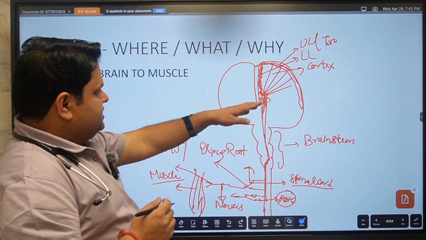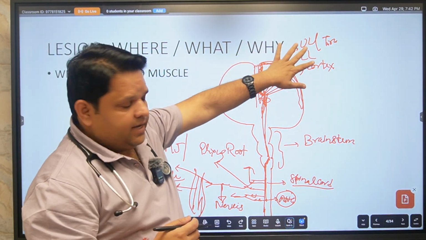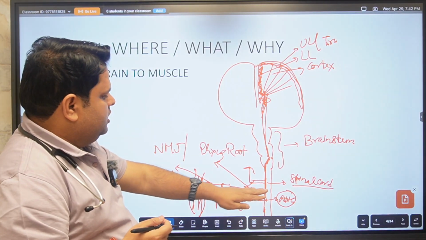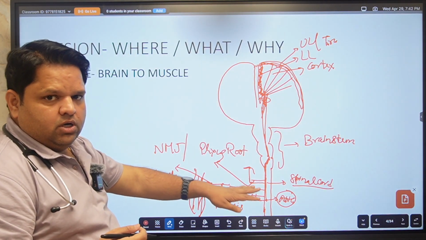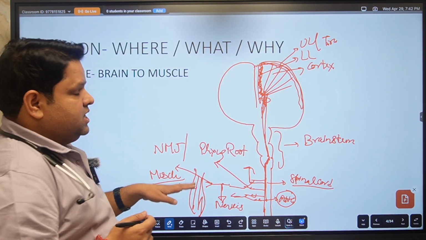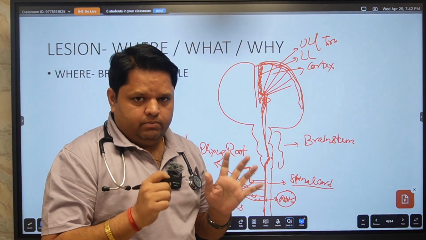So any lesion started from the brain cortex, brainstem, upper spinal cord, lower spinal cord, anterior horn cell, root, plexus, nerves, neuromuscular junction and muscles can causes weakness of the lower limb.